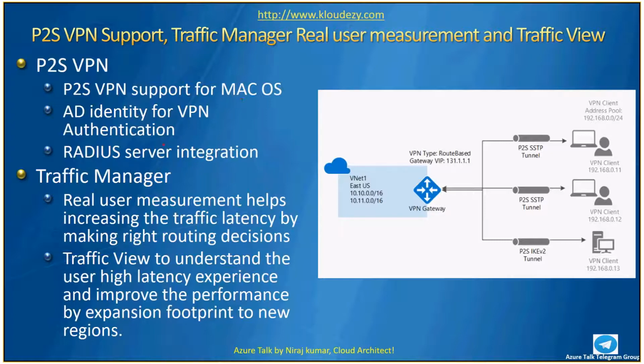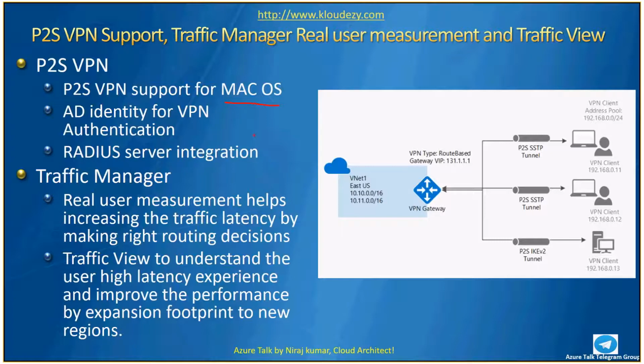Just to add on top of what Uday said, point to site VPN is now supported on Mac OS. Earlier you only had the point to site VPN client that you install on Windows, so only the MSI package was available for Windows. Now it's also available for Mac OS. That's one benefit. The second is that now you can use Azure AD for VPN authentication.